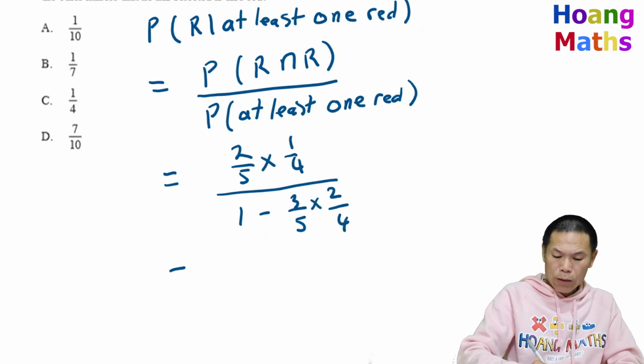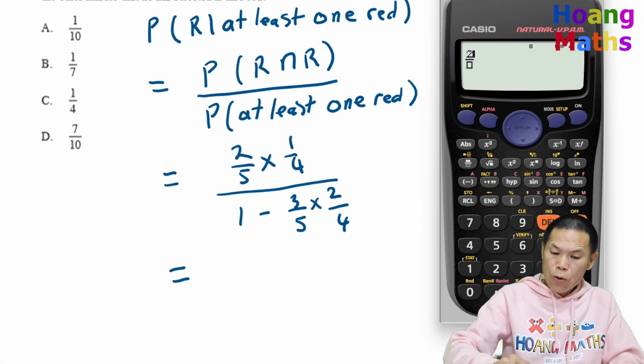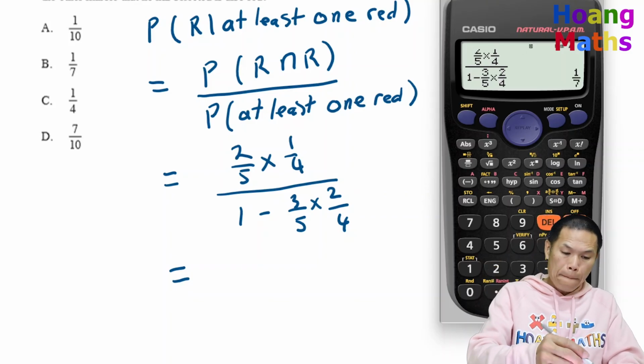So that should give me, I just go fractions, 2/5 times 1/4. And then we go 1 minus 3/5 times 2/4. 1/7. So the answer should be B.